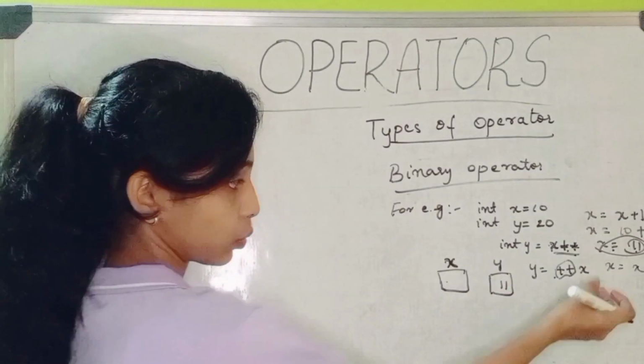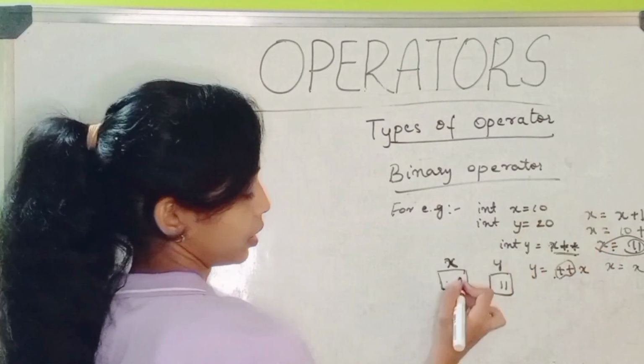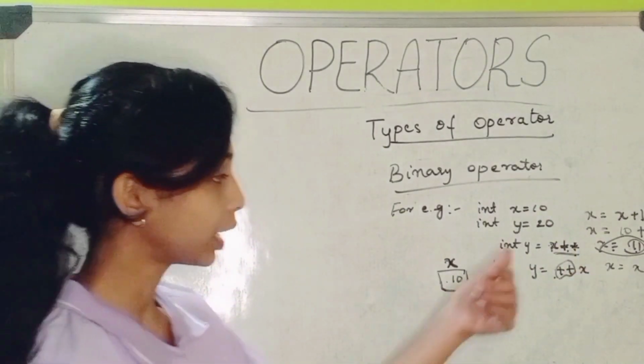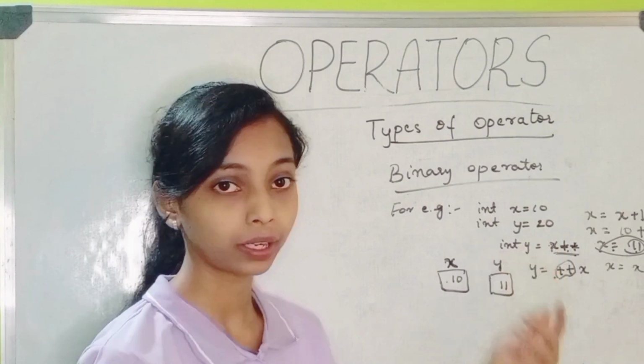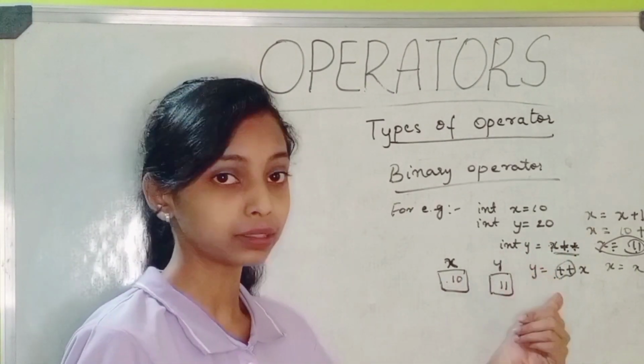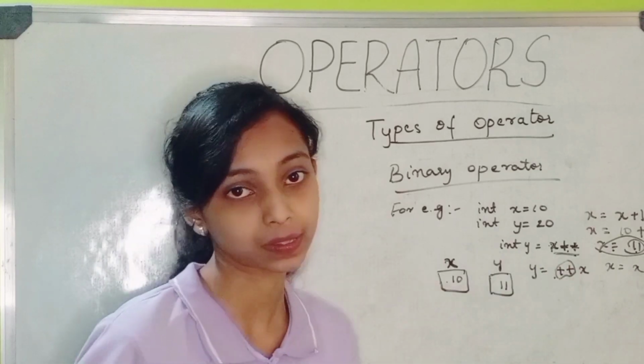The value of x will also be 11. This is how the increment operator works for prefix and postfix. The same thing applies for minus, postfix and prefix.